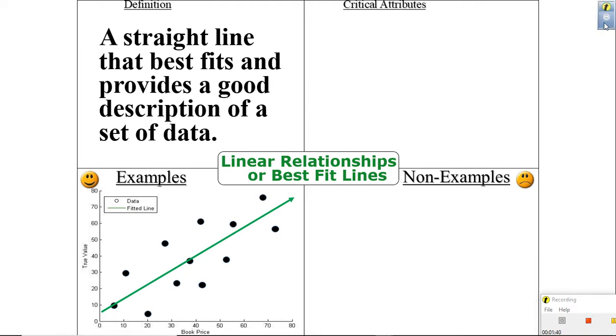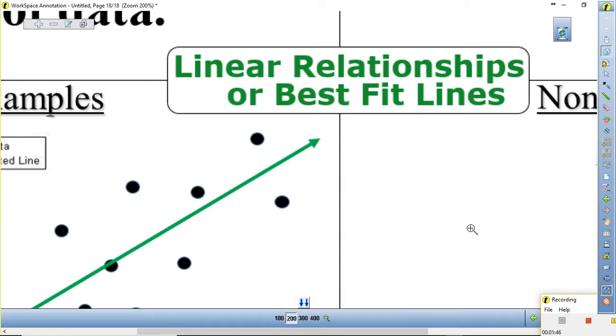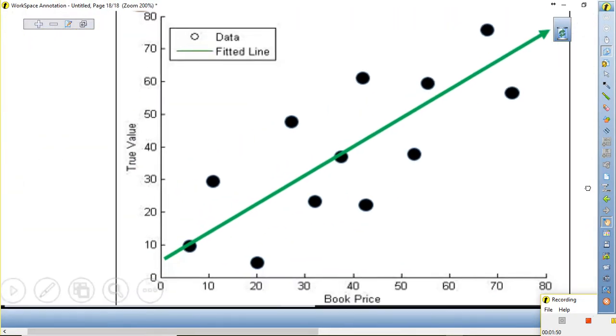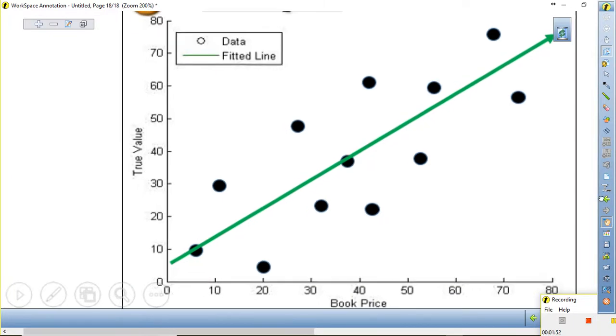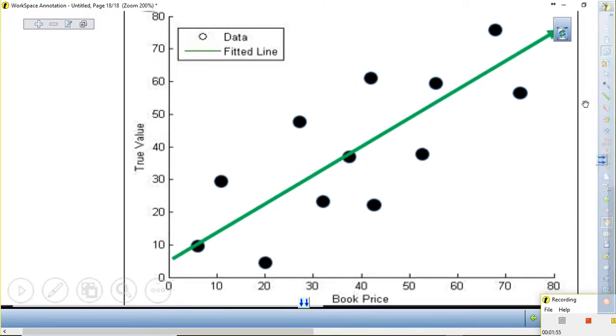Example. For the example, I'm going to zoom in so you can copy it in the example box. Those of you watching on video, it's on your screen.